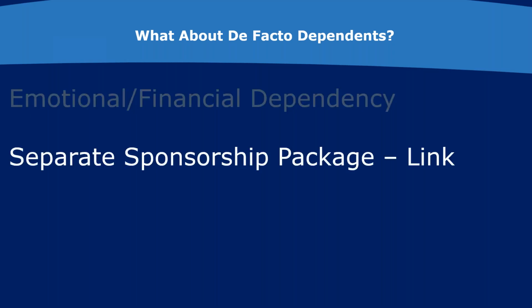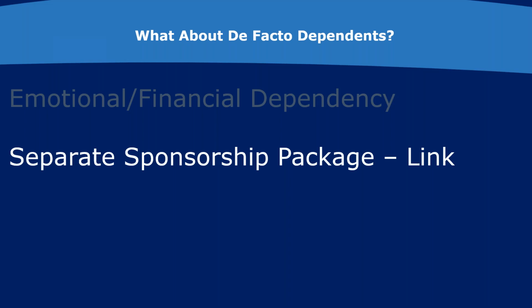Sponsors must submit a separate sponsorship application package for the de facto dependent. So they should submit a separate undertaking for this new person, fill out all the sponsorship forms.